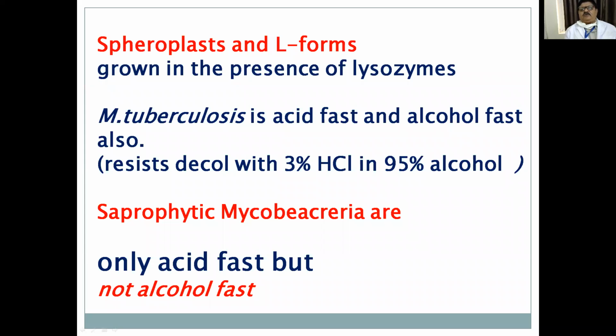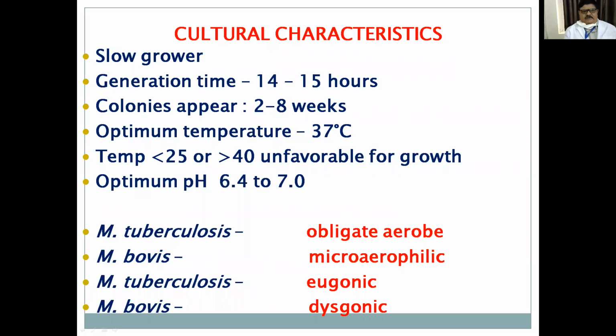Mycobacterium tuberculosis is both acid and alcohol fast. It resists decolorization with 3% hydrochloric acid in 95% alcohol. Whereas saprophytic mycobacteria are only acid fast, but not alcohol fast. This is one important thing to remember.